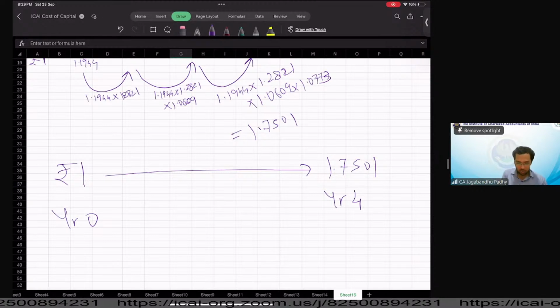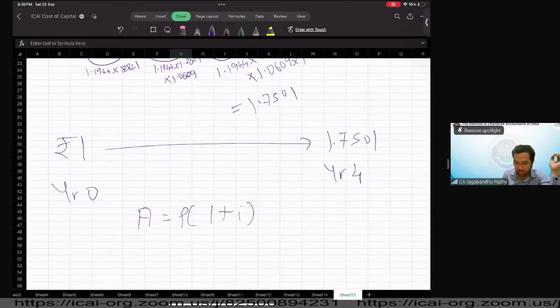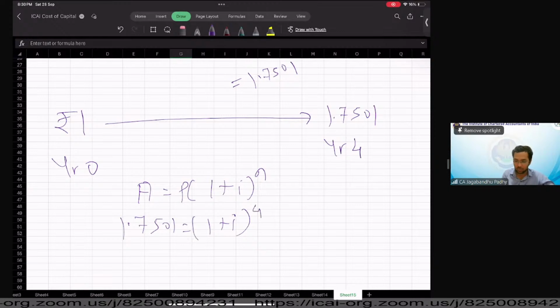Okay. So now, what is the rate of return per annum that you would have earned? We know the amount is principal into 1 plus i raised to n. So the amount is 1.7501, the principal is 1, so 1 plus i raised to 4.